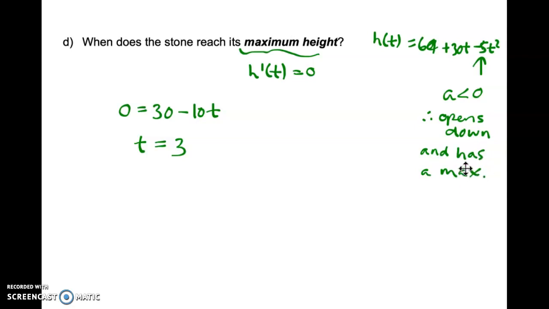So we can use what we know about parabolas to show that this function is definitely going to have a maximum height. Alternatively, you could do the first or second derivative test, but we get our answer quicker by just knowing that it is a parabola and would have a maximum. So therefore, the stone reaches a maximum height at 3 seconds.